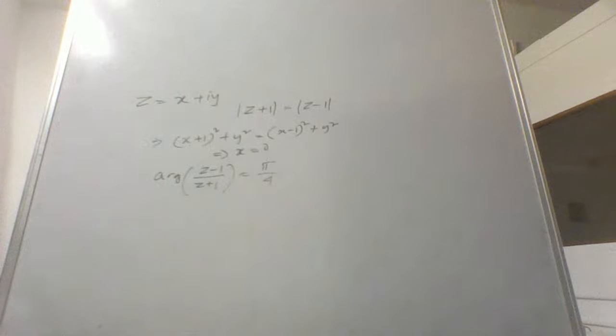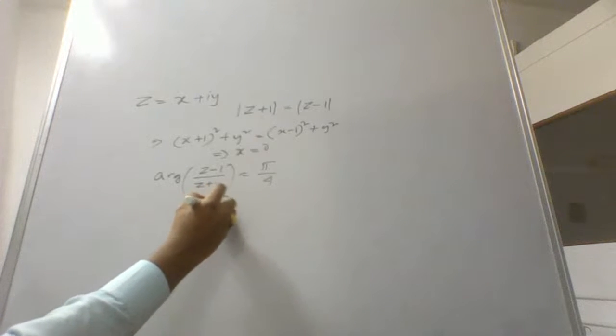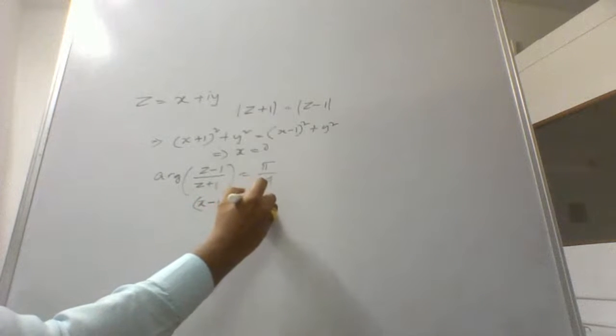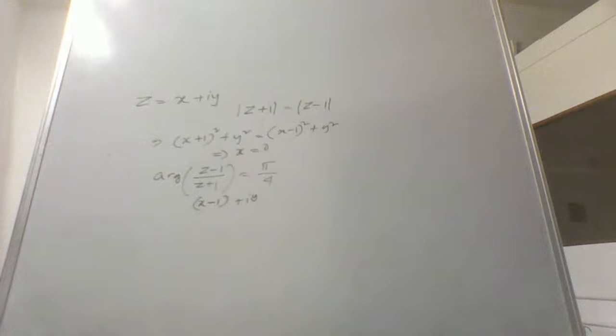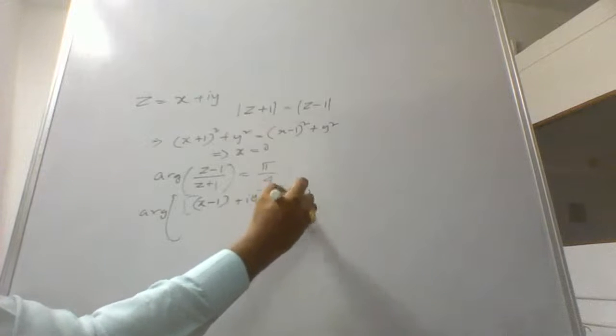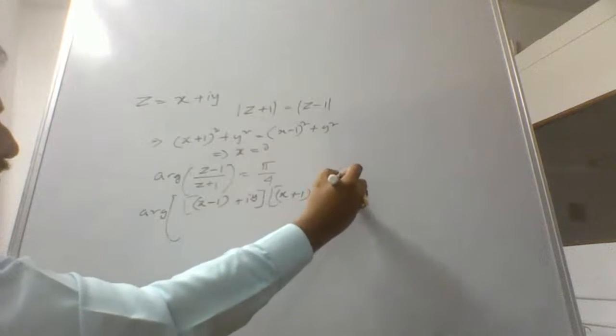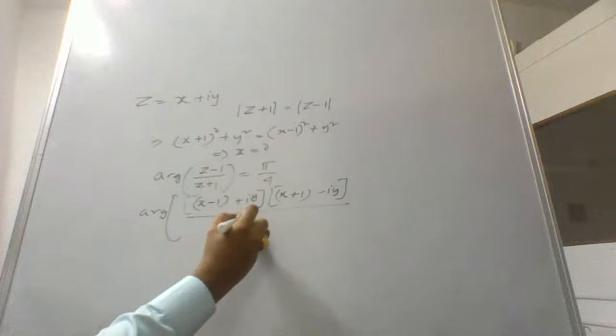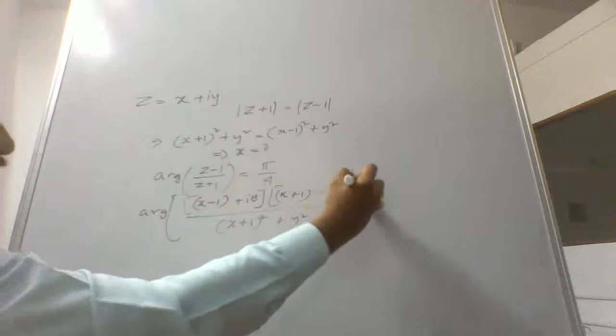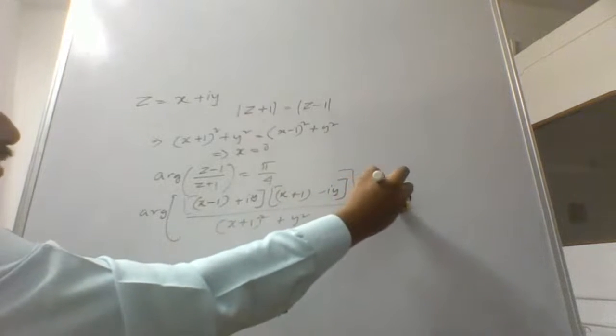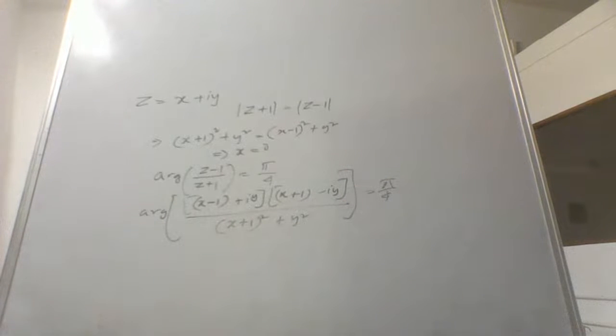So we have z minus 1, for that it is x minus 1 plus iy, and this multiplies with x plus 1 minus iy divided by (x plus 1) whole square plus y square, which is equal to pi by 4. Let us further simplify this.